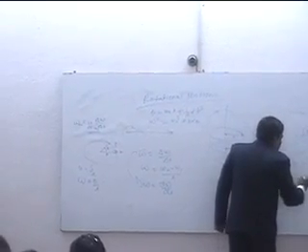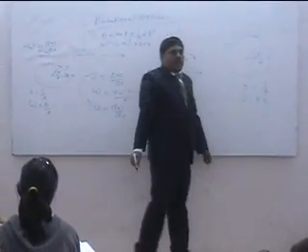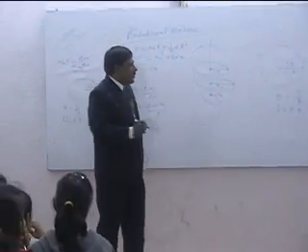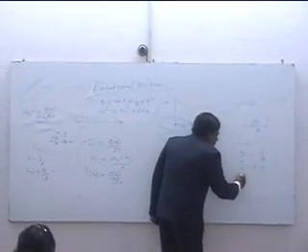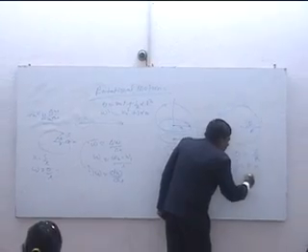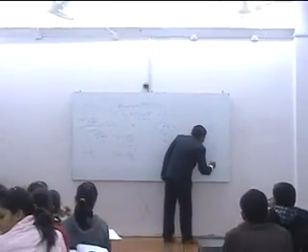So S is equal to r theta. Now differentiating both sides, what will be given? ds by dt is equal to r d theta by dt.